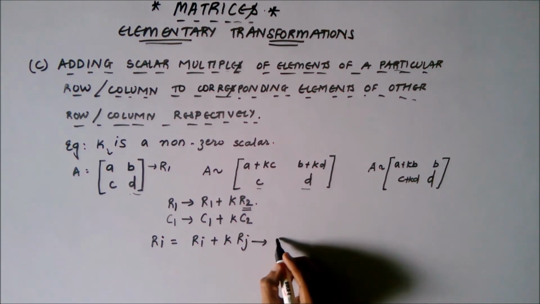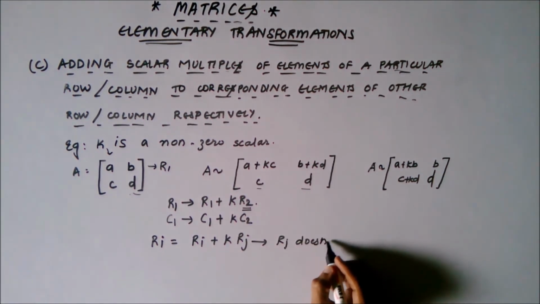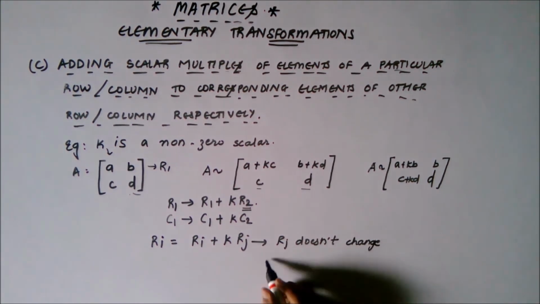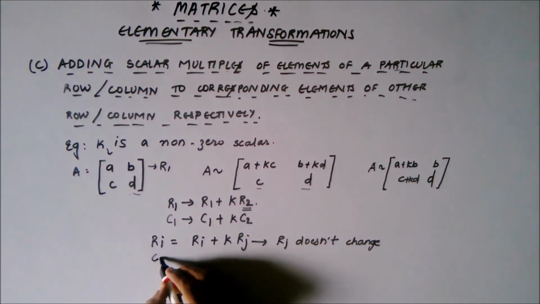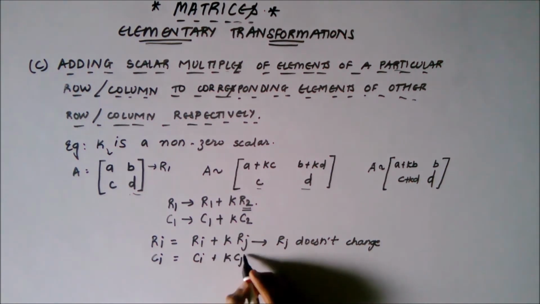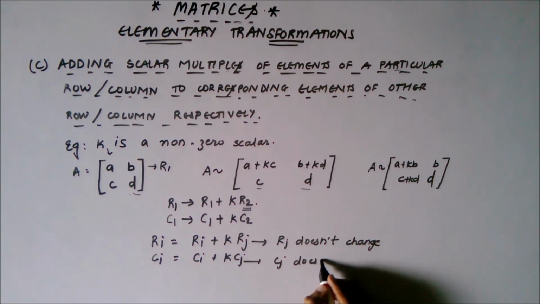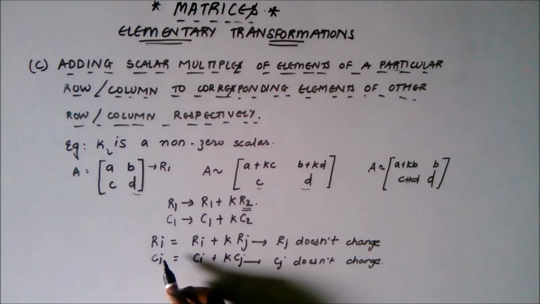Note that this Rj doesn't change. It remains the same as in the original matrix, but the change occurs only in Ri. Similarly, in the case of columns, Ci becomes Ci plus K Cj. Here Cj doesn't change, the change only occurs in Ci.